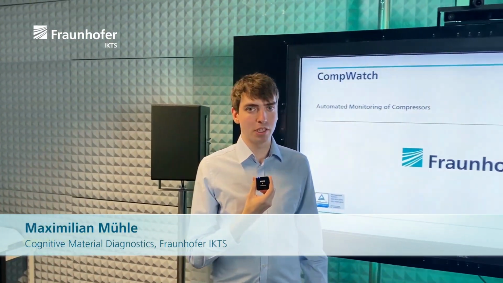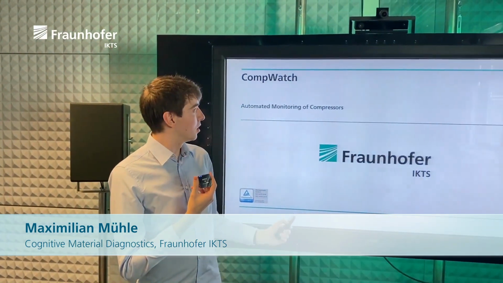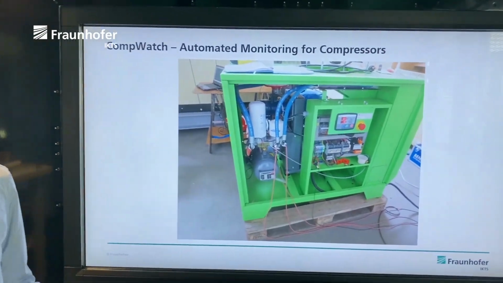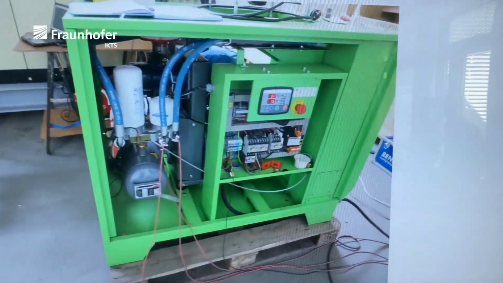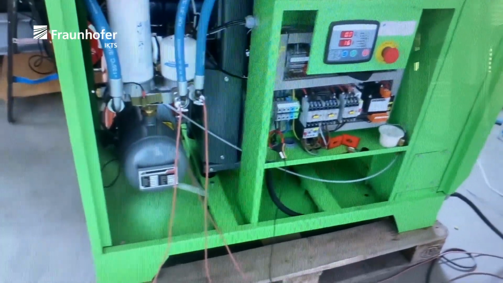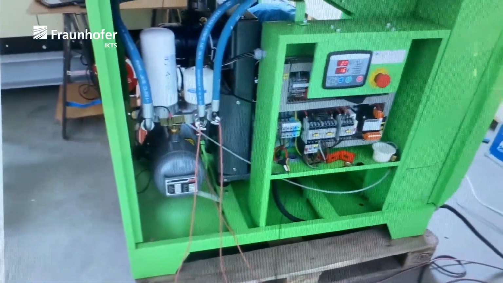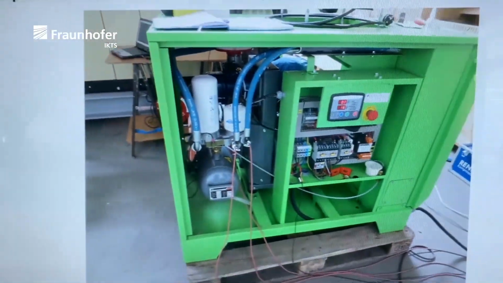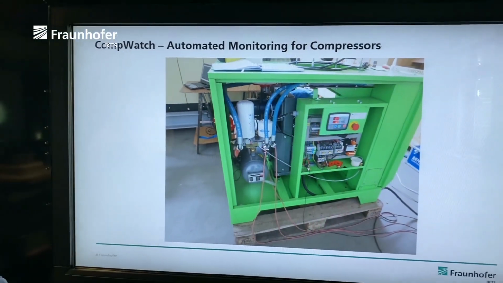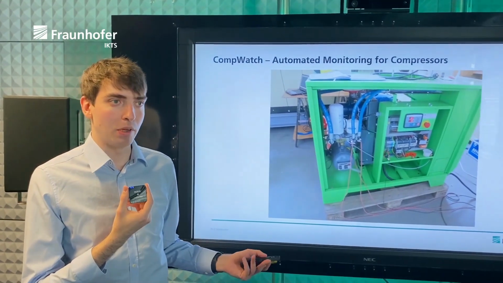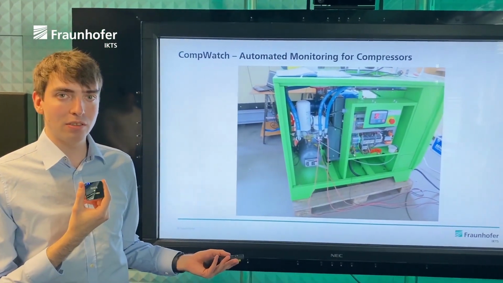In the CompWatch project, we investigated compressors for automated monitoring. This is done to allow predictive maintenance work. So we predict the condition of the compressor and its future development, and therefore plan ahead for necessary maintenance.